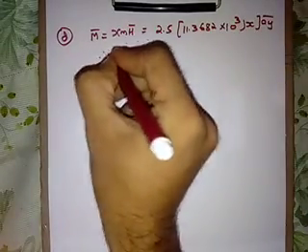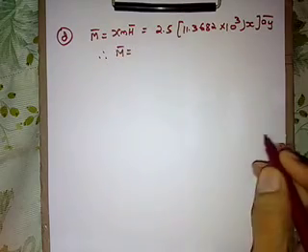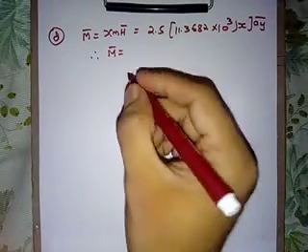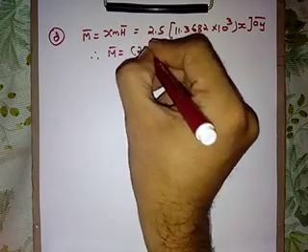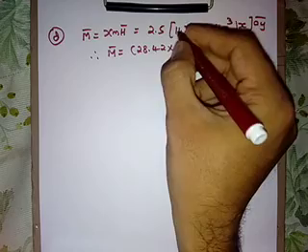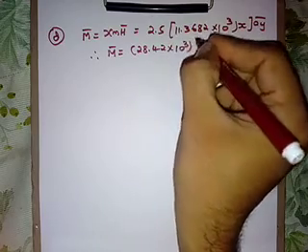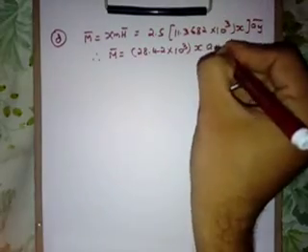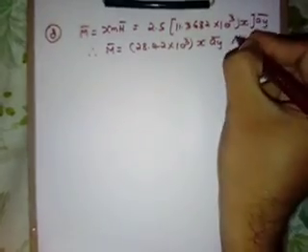So the answer is M bar is equal to 28.42 into 10 raised to 3 x a_y bar ampere per meter.